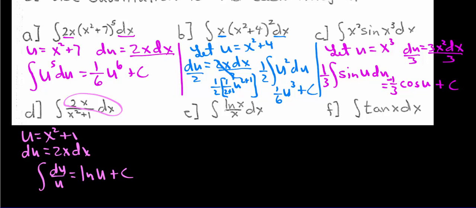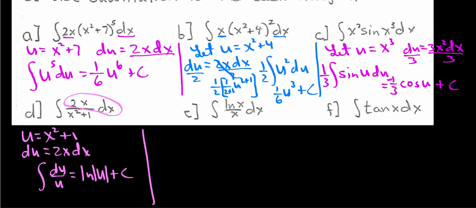Log absolute value. Now, that's a good habit to get into. Of course, in this case, we've got x squared plus 1. That can never be negative. So we could get away with just calling it log u in this case. But normally it's log absolute value.